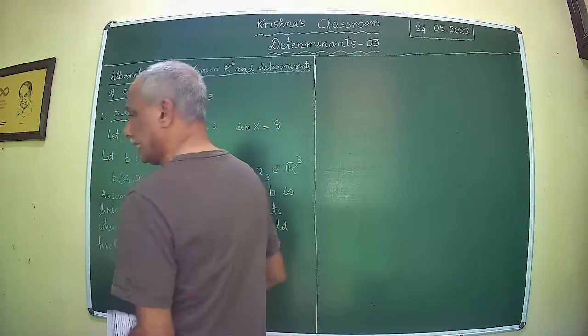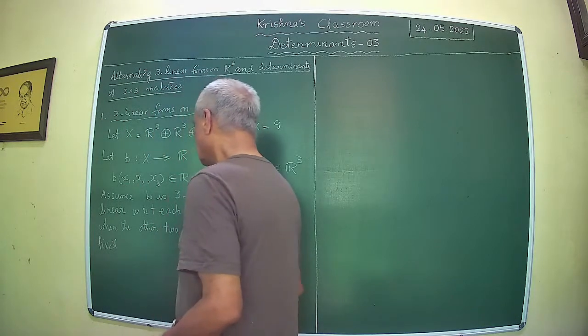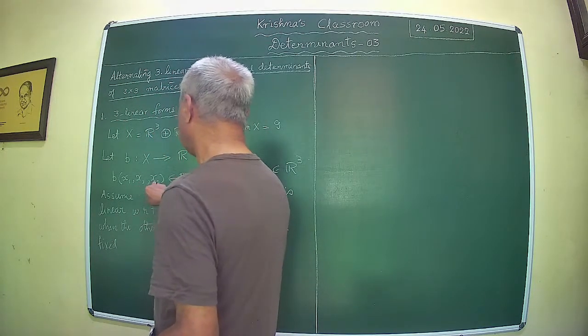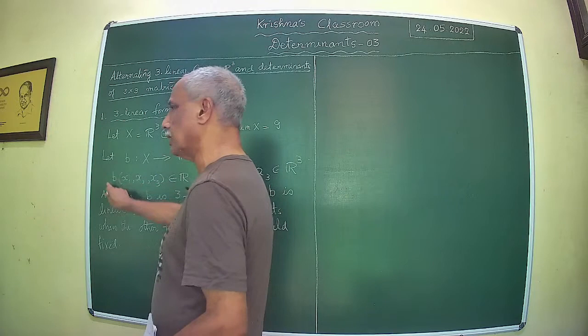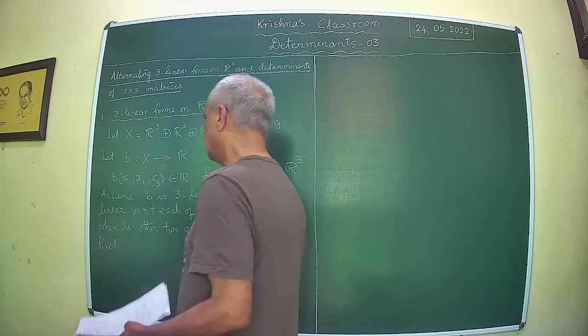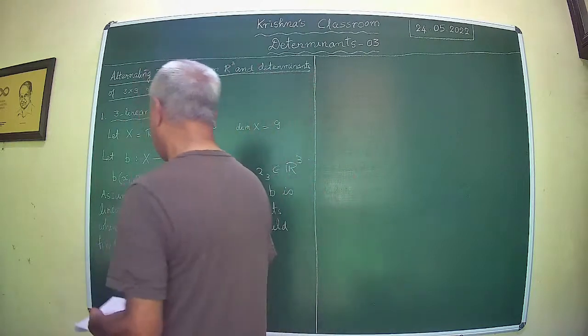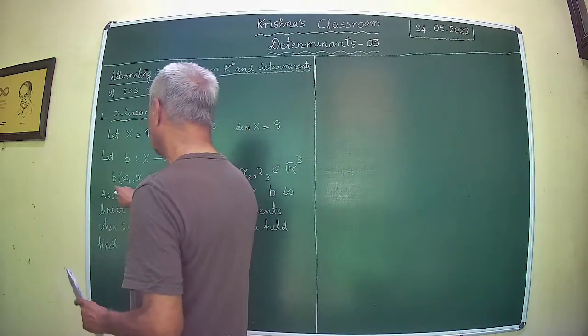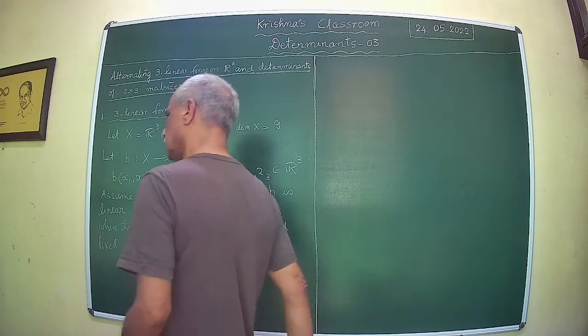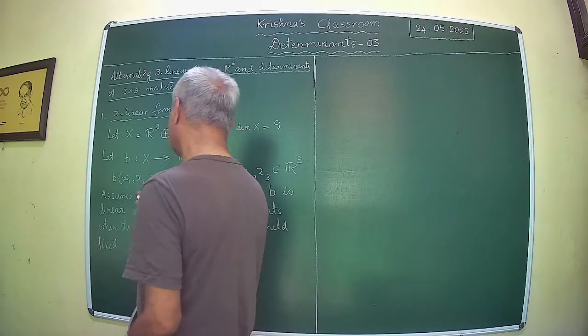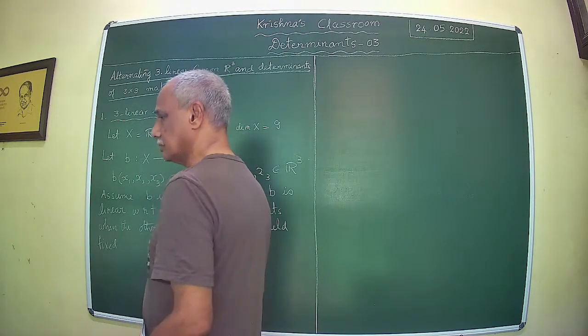Now it is pretty clear what is happening. When you keep x2 and x3 fixed, this becomes a function of x1 and it becomes a linear functional on R3 with x2, x3 fixed.